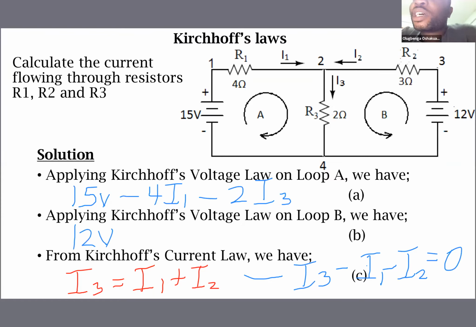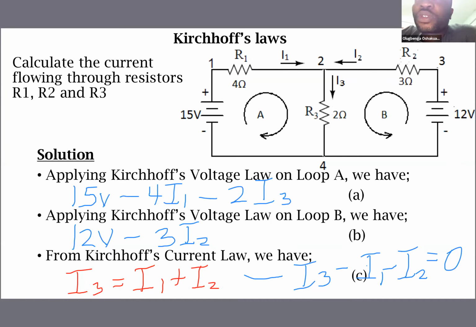And the direction of this loop still agrees with the way I2 will flow through R2. Because I2 through R2 will be a voltage drop, then we say minus 3I2. I2 flows through R2, and R2 is 3. Then 3 times I2 is the voltage drop across R2.